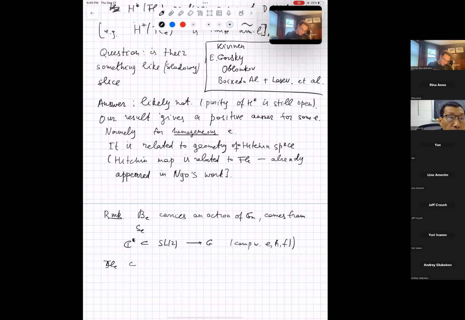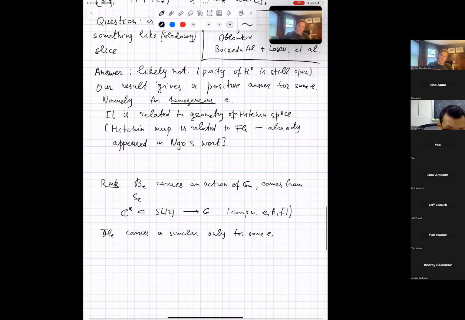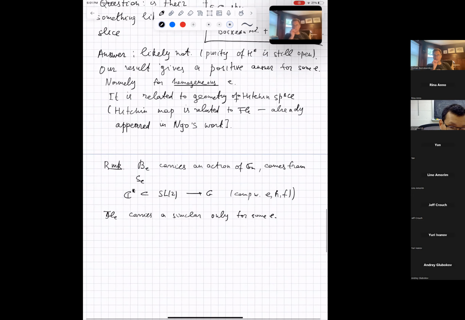So E carries a similar action only for some E. There is certainly nothing like the Jacobson-Morozov theorem here, but instead our starting point should be the loop rotation action on the loop group.